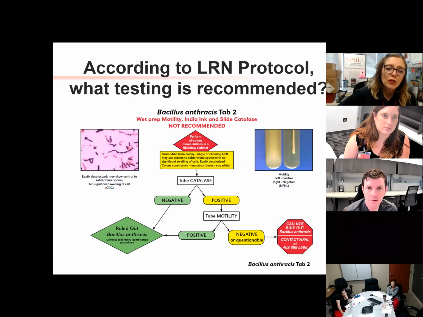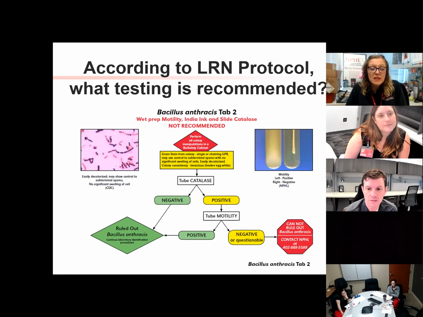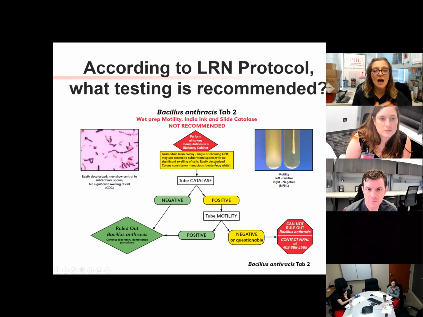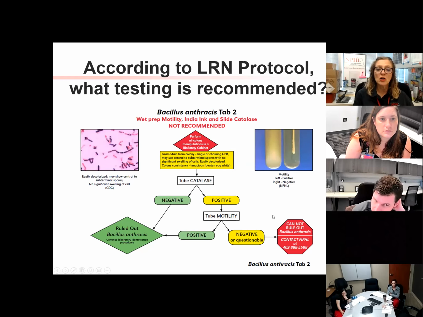All right, so then going on to the next page of the bench guide, you'll notice that there are two things that they recommend. Once you've ruled out everything else, like it's not beta hemolytic or it's not chaining and such, if all of yours fit this protocol, and you should be in the biosafety cabinet, they would like you to do that tube catalase, and then also to do a tube motility.